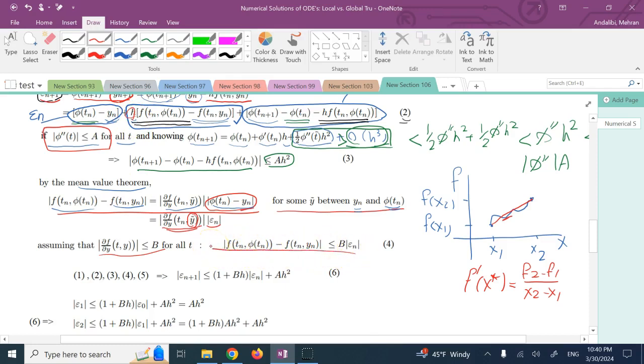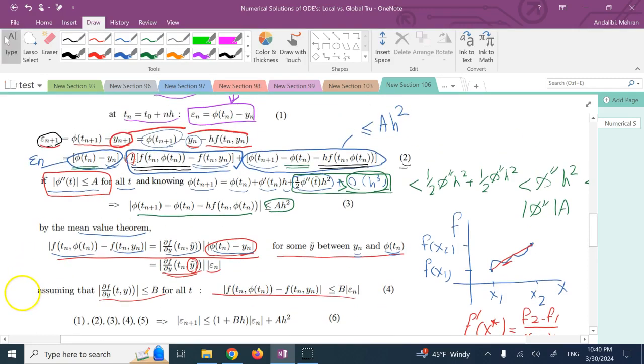If you put all of that together, then what's going to happen? Then the right hand side of this equation 2 is going to be epsilon n, and then this is equal to, the second term is less than or equal to h times b times epsilon n, right?